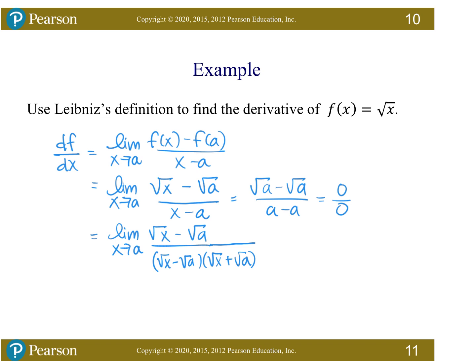Maybe I write this a little nicer. Rad x minus rad a. All right, so this is reducible. The entire numerator can be reduced with one of the factors in the denominator. That doesn't mean my numerator is completely gone. It means my numerator has reduced to 1. And then my denominator is rad x plus rad a.